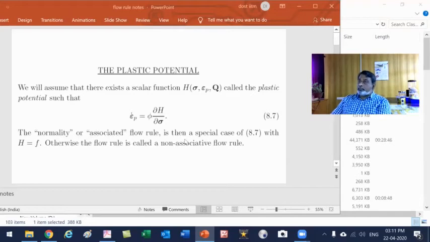It is an associated flow rule in the special case where H is replaced with the yield function. And therefore, this is more of a general flow rule. Instead of calling it a non-associated flow rule, I would call it a general flow rule. And when H becomes F, which is the yield function, it is an associated flow rule.